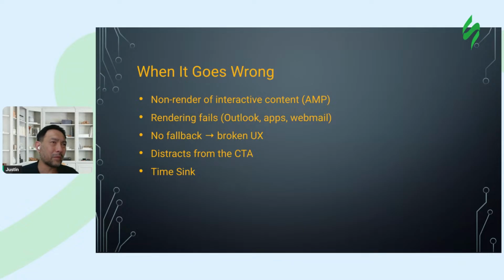Unlike HTML, where if you make one or two mistakes here and there, or you have a style that's misspelt, you won't have it completely break on you, with AMP the rendering fails. So if you use kinetic emails, you need to test them properly with something like Email on Acid or Litmus.